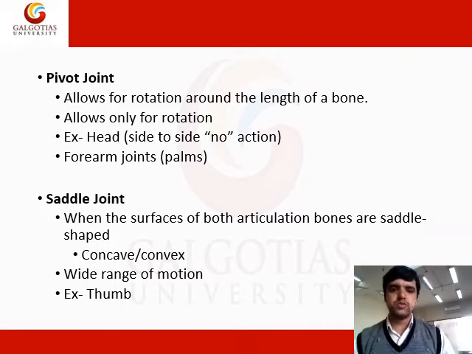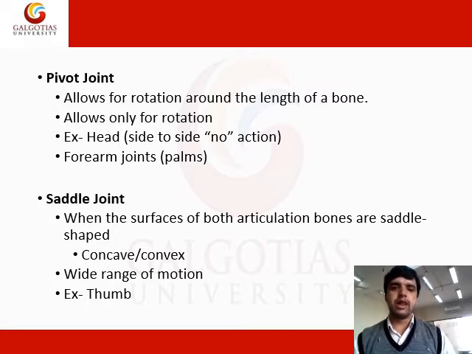Basically, in these types of joints, the bones are arranged in such a way that one bone is straight and it is providing the surface on which the other bones can rotate.